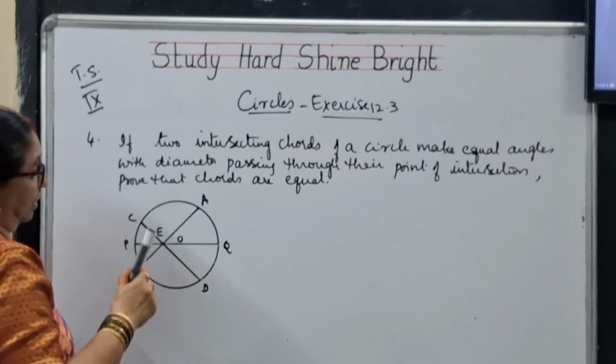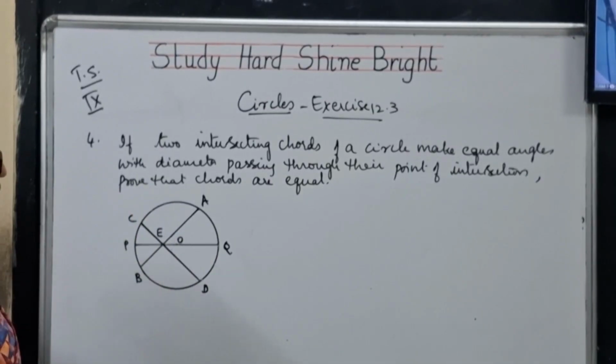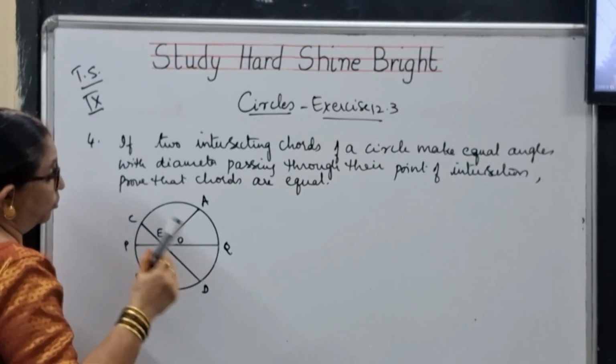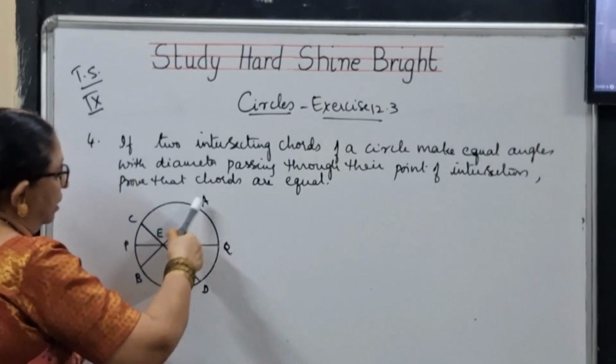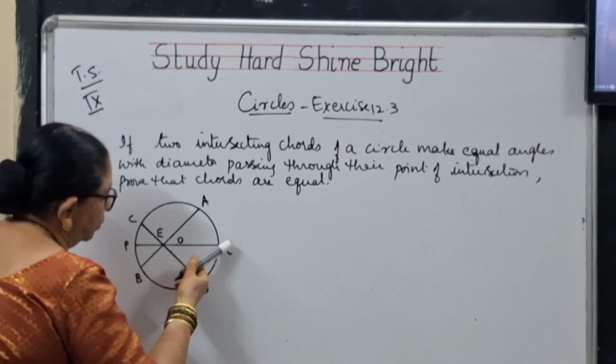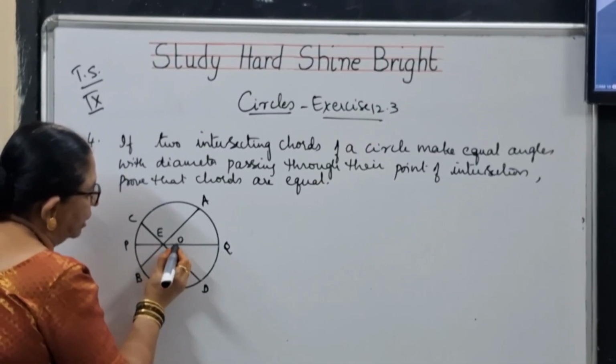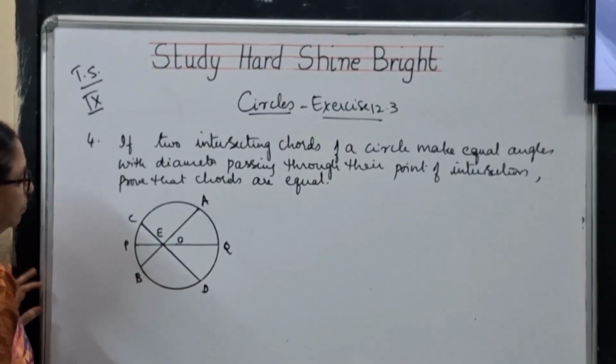Two intersecting chords of a circle make equal angles with the diameter passing through their point of contact. These two are intersecting at E and PQ is a diameter passing through E. Now they are making equal angles.